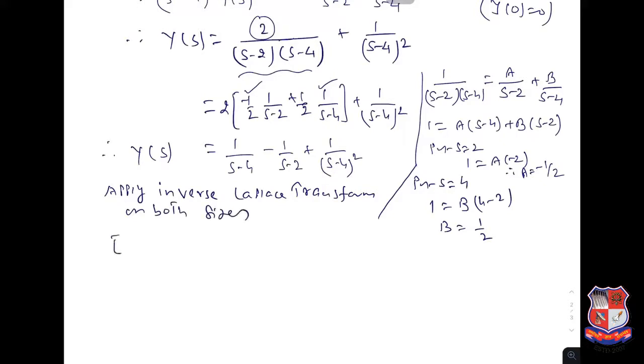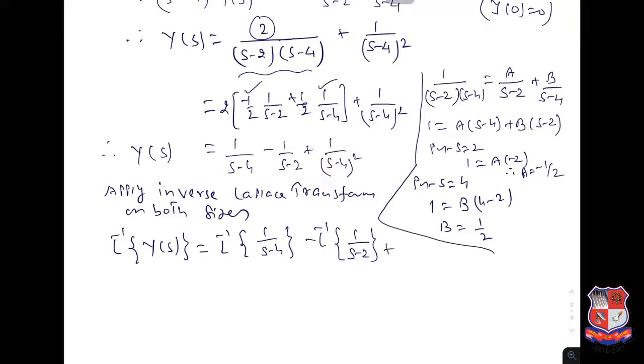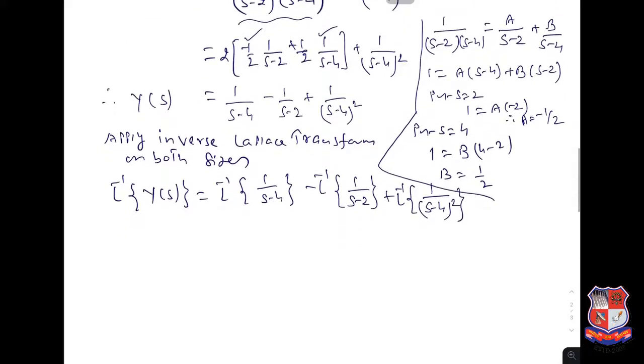So we get like this, inverse Laplace transform of Ys equal to inverse Laplace transform of 1 over s minus 4, minus inverse Laplace transform of 1 over s minus 2, and plus inverse Laplace transform of 1 over s minus 4 square. Now what is the inverse Laplace transform of 1 over s minus a? It is e power at.